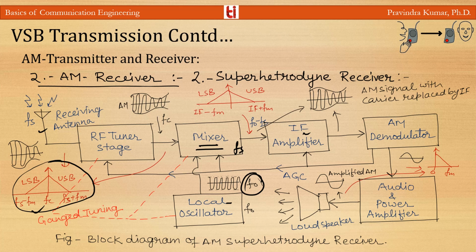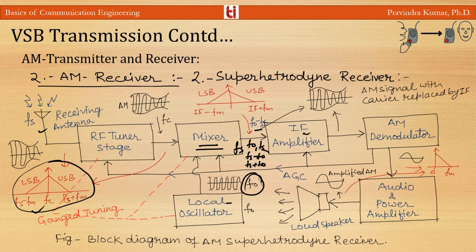So the mixer will mix these signals to produce frequencies fs, f naught, fs plus f naught, and f naught minus fs. Out of these, the difference frequency component, that is fs minus f naught, is selected.